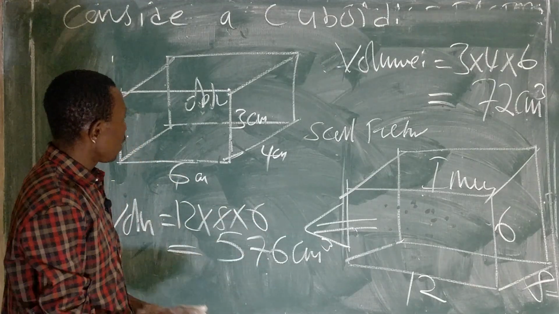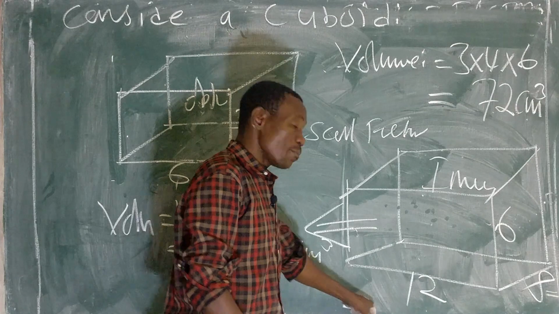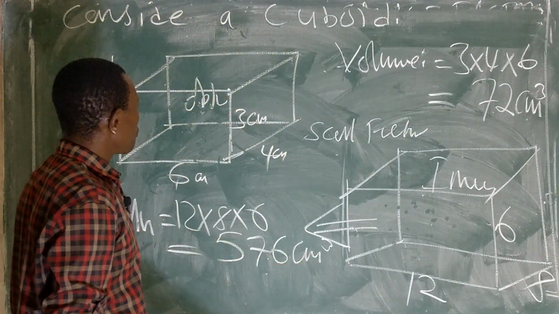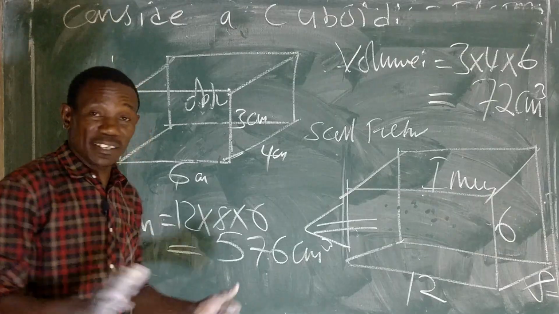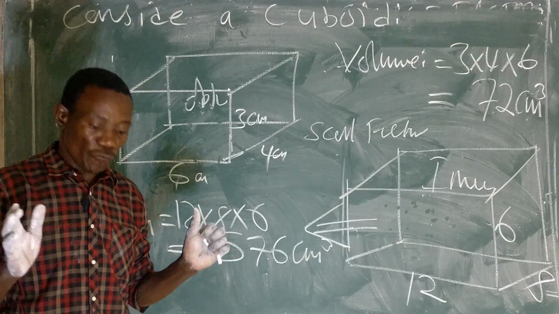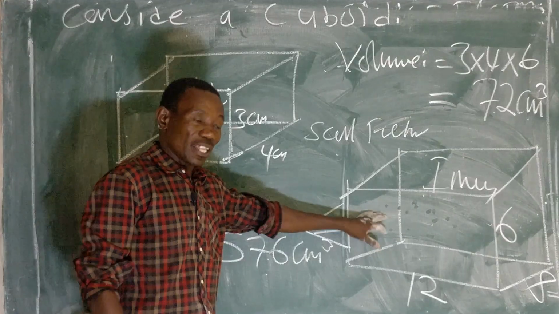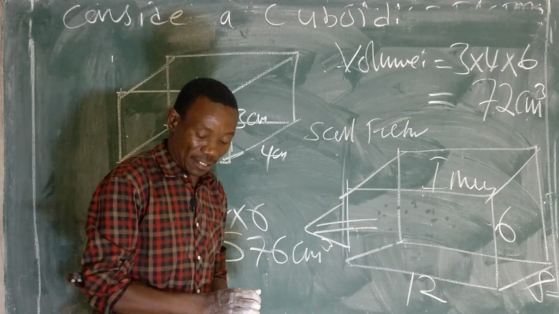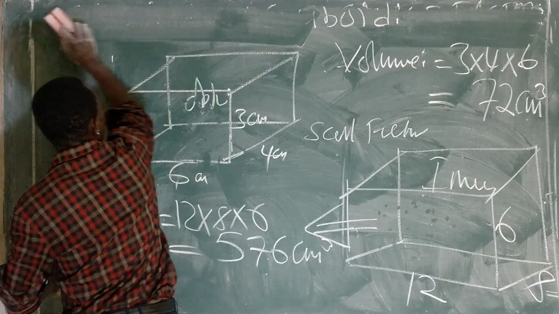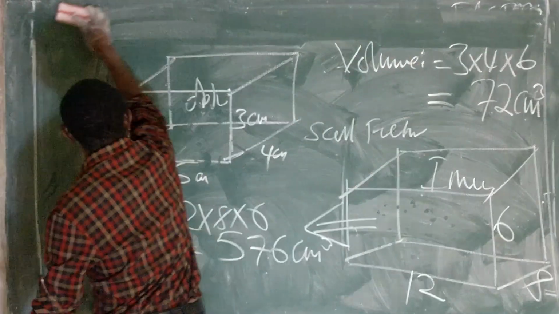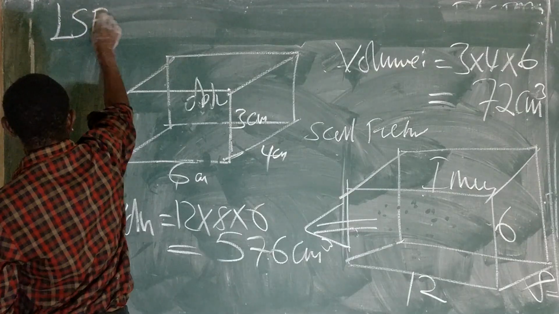Now let us do exactly what we did above with the areas of similar figures. I need you to take the ratio of the corresponding sides. That is the linear scale factor. Let us find the linear scale factor for this one and this one, that is the ratio of the corresponding sides. If I'm to work out the linear scale factor, LSF.